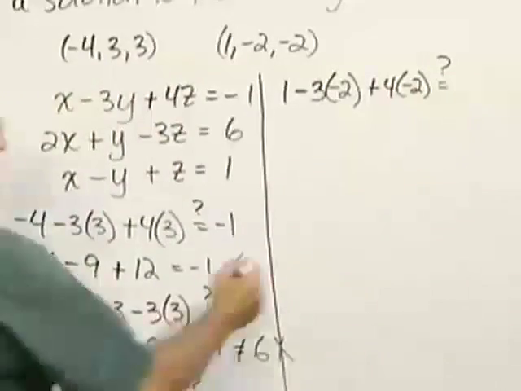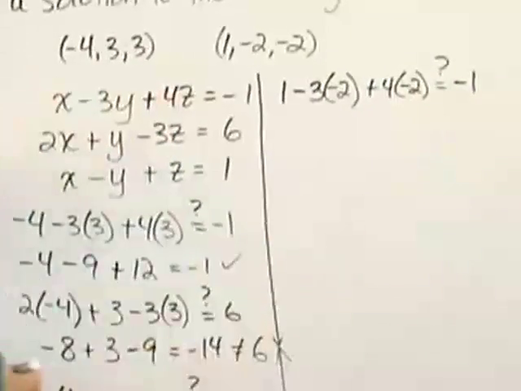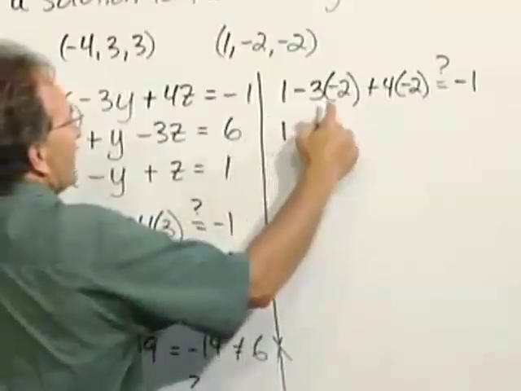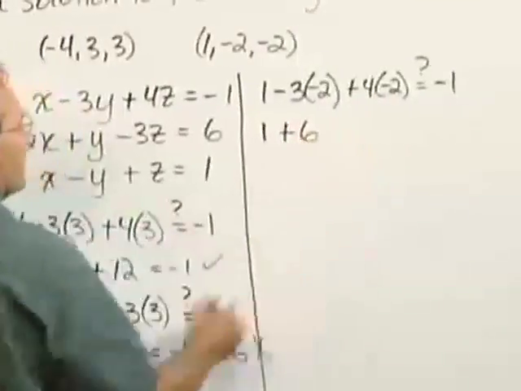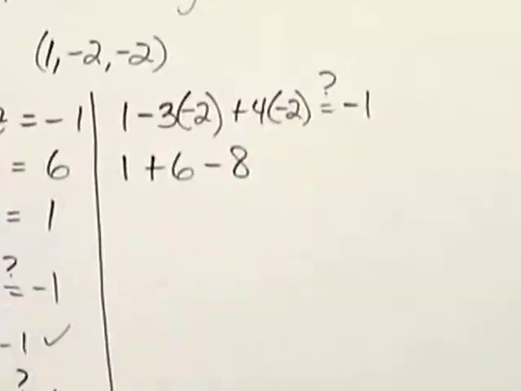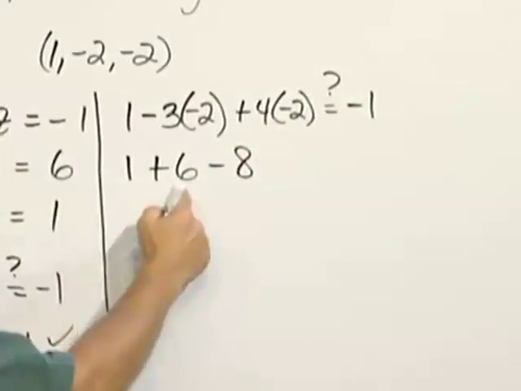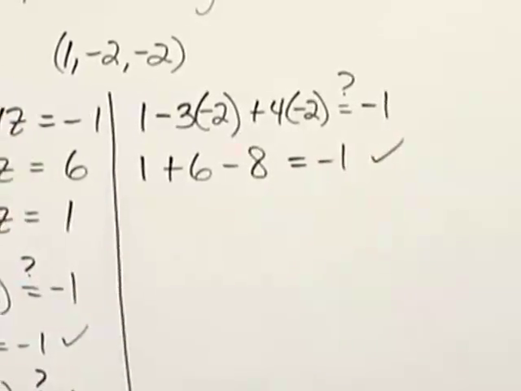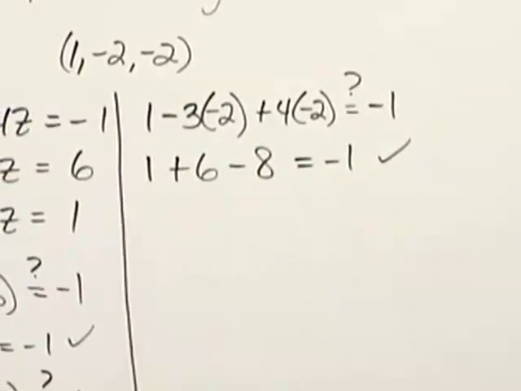And we want to know, does that equal -1? Well, we have 1, and then a -3 times a -2 is a +6. 4 times -2 is a -8. 1 plus 6 is 7, minus 8 does equal -1. So that checks in the first equation.